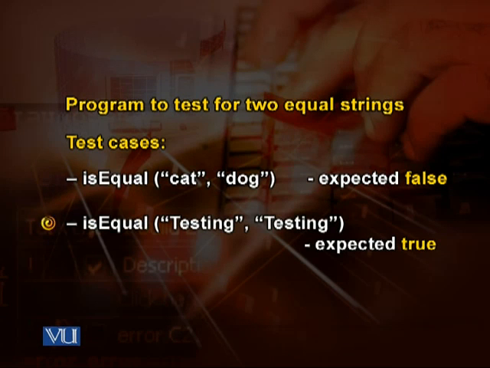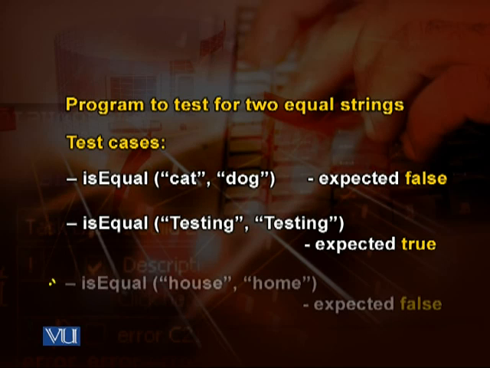The second case uses the same equal function, and the two parameters are testing and testing. That is, we give the same string and the expected outcome is true. Now we have a third case in which the first parameter is house and the second parameter is home, and the expected outcome is false.